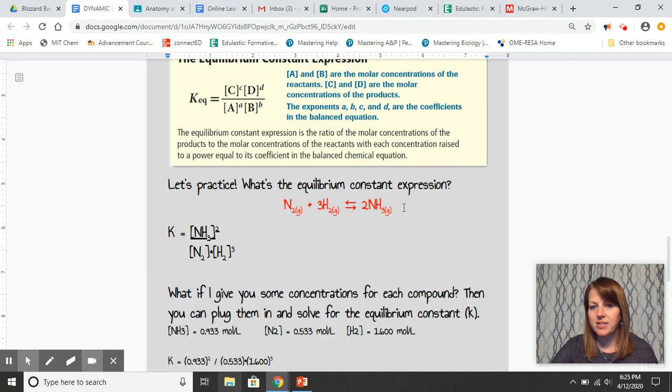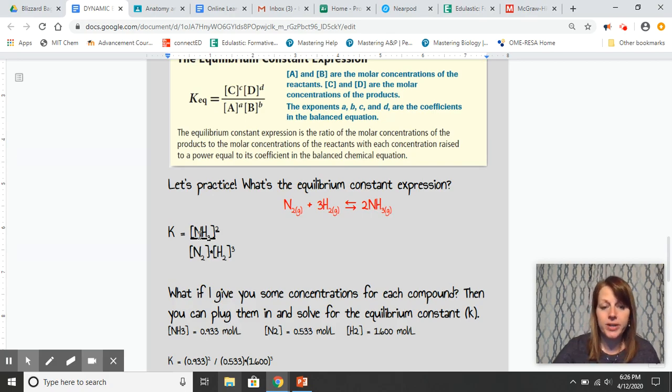Constant expression. We're still using N2 plus H2 yields 2NH3. We put our products on the top, and we put our reactants on the bottom. And you can see here, these little numbers, the subscripts, those are staying with the compound. They are part of the compound. Please, please, please remember this.